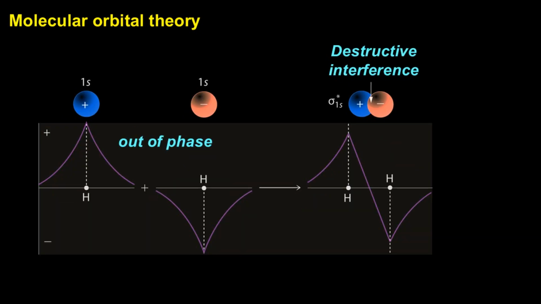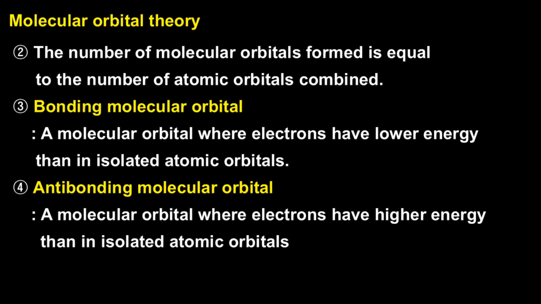But what happens if the atomic orbitals combine out of phase, meaning their wave functions are opposite, and cancel each other out? In that case, we get destructive interference. Instead of forming a stable orbital, this creates an antibonding molecular orbital, which actually raises the energy and makes the bond less stable.